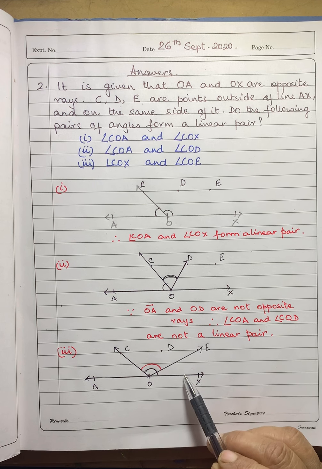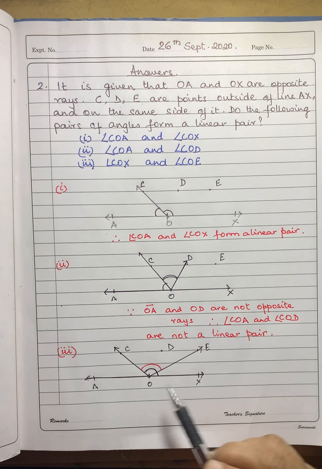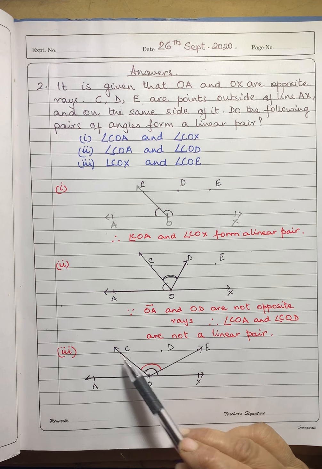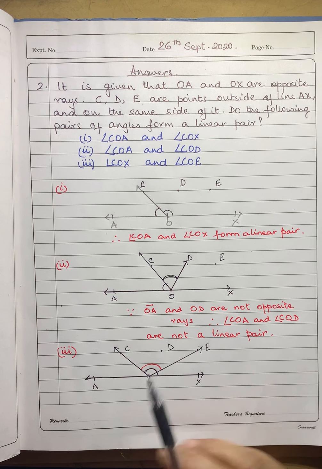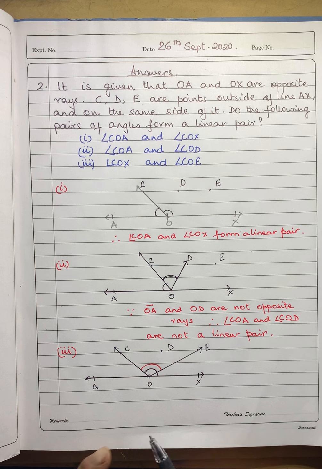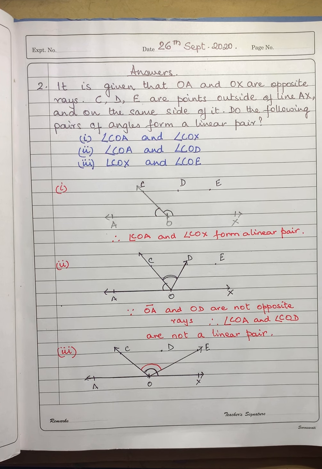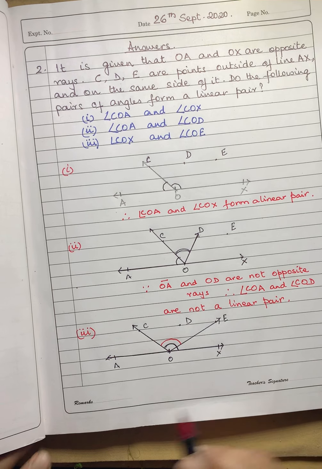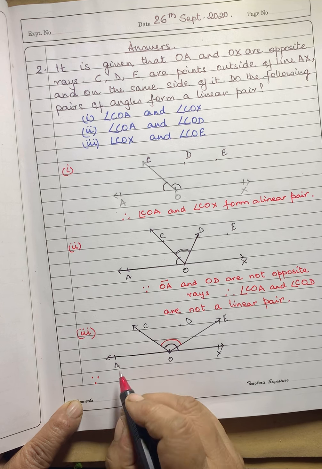Since they are not adjacent angles, at the same time, rays CO and OX are not opposite rays. Opposite rays means it's like this, or they form a straight line. Here, since they do not form a straight line, they are not a linear pair.